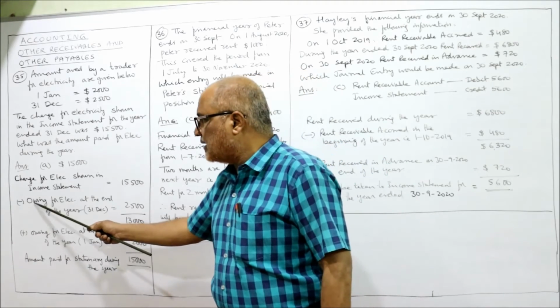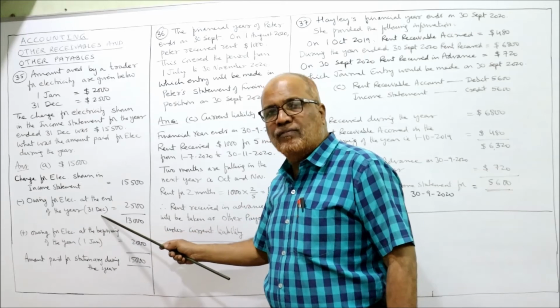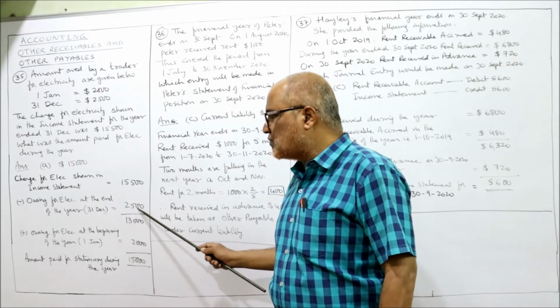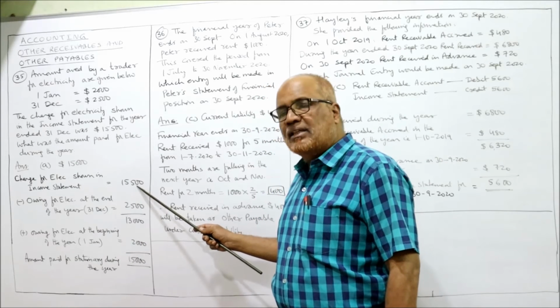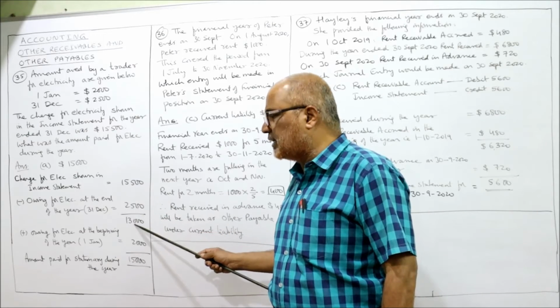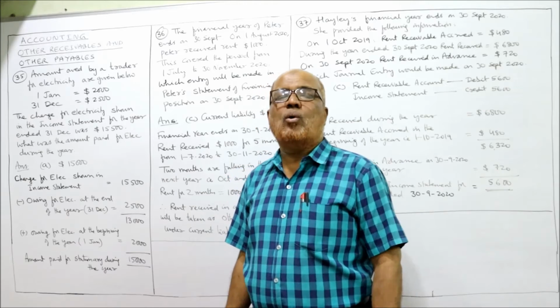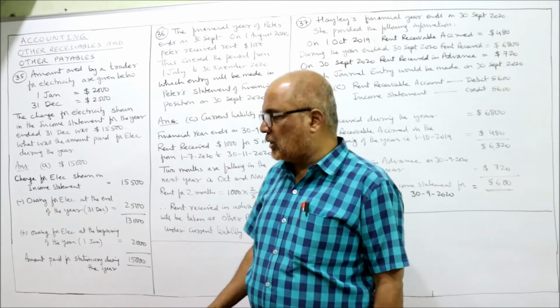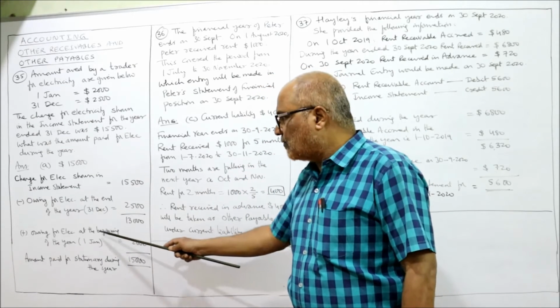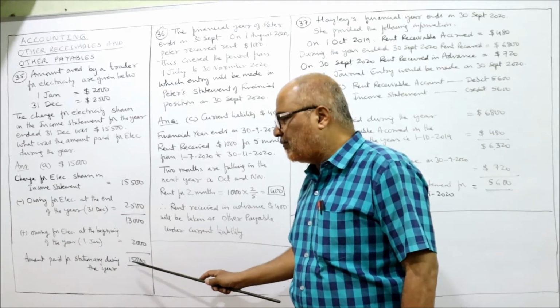So here, minus owing for electricity at the end of the year. How much at the end of the year? 2,500. So from 15,500 deduct 2,500, we get 13,000. To 13,000 add electricity owing at the beginning of the year 2000. So add up, you will get 15,000.